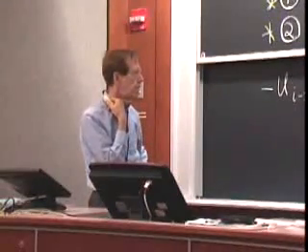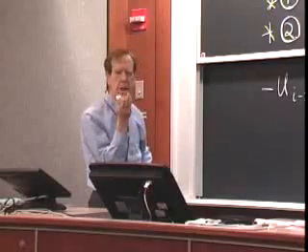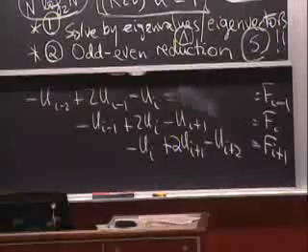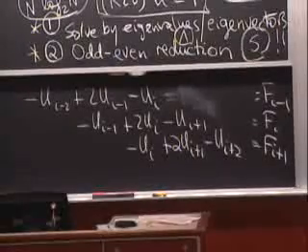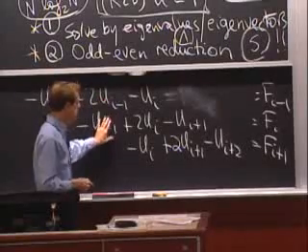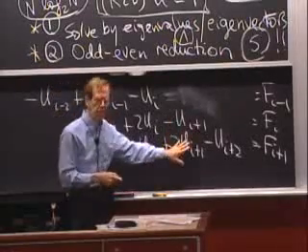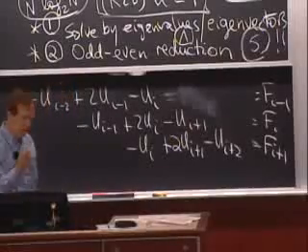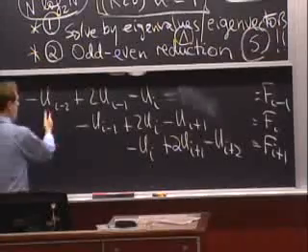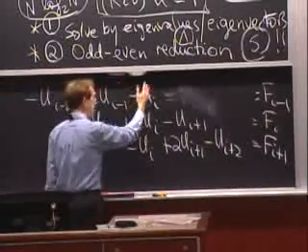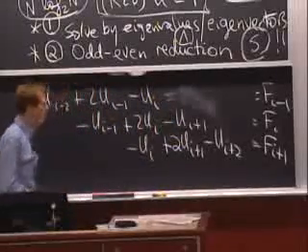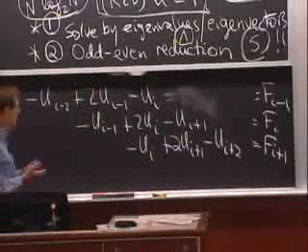Well, there is an idea here. I'd like to remove these guys, the u_{i-1}s and the u_{i+1}s. So that's where this word odd-even reduction is coming in. I'm going to reduce this system by keeping only every second unknown and eliminating those. How to do that? Well, you can see how to eliminate.